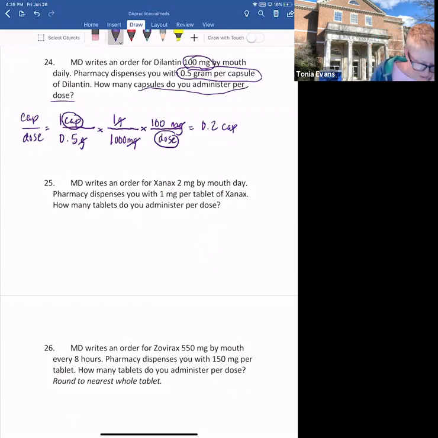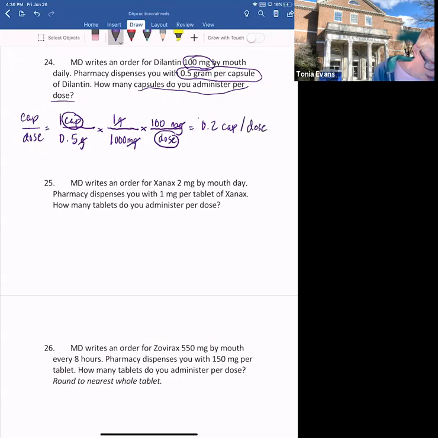Typically a capsule question will have a rounding rule, so you might round to the nearest whole. This isn't a good question because we should have had, let me just double check my math here. That's 100 milligrams per dose. Yep, 100 divided by 0.5 divided by 1,000 equals 0.2. All right, sorry, bad question.